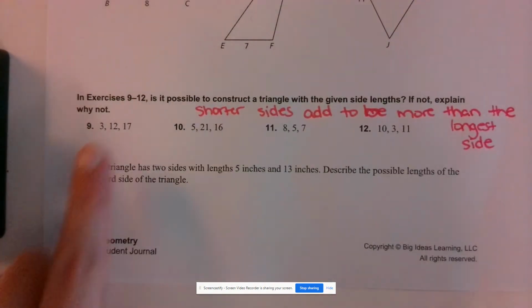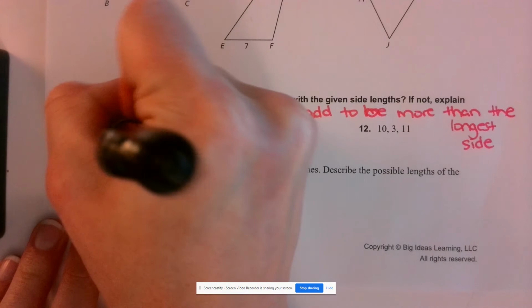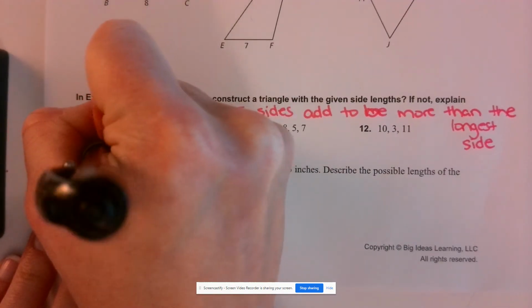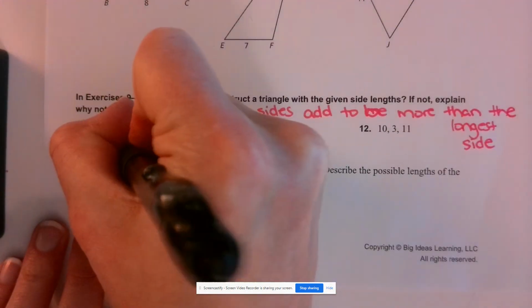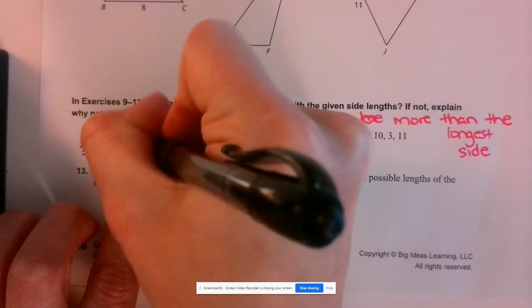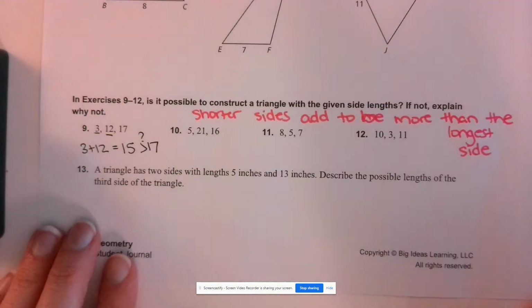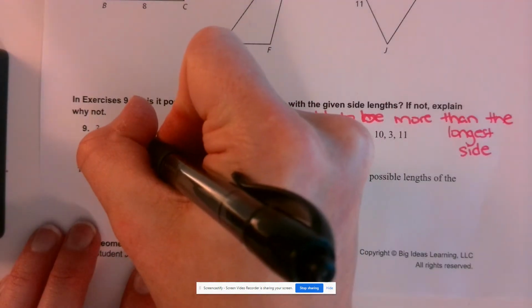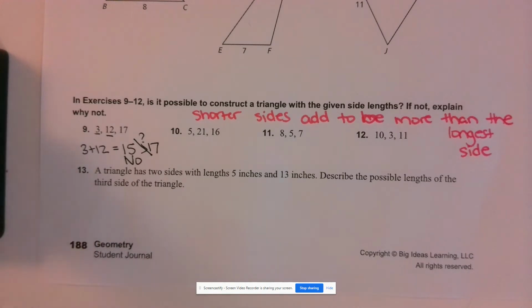In number 9, the two shorter sides are 3 and 12. When I add 3 plus 12, I get 15. Is 15 greater than 17? It is not. So this is no. Those could not be the lengths of a triangle.